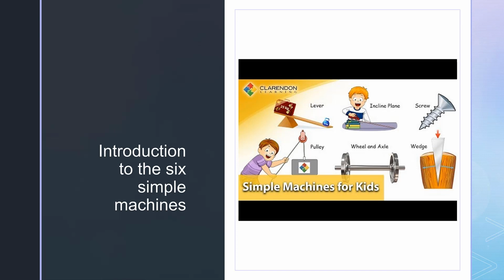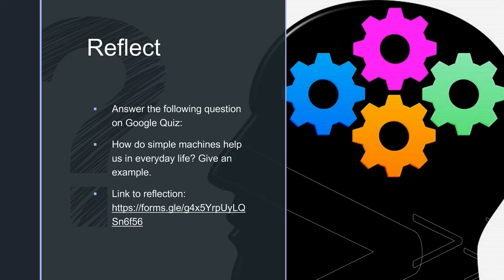I know we've talked about them in class, but now I have to teach you online, and I hope you're gaining that understanding of the simple machines. You're going to answer the following questions and some more inside the Google quiz. How do simple machines help us in everyday life? Give an example. I also have some more questions in there, so feel free to click that link and go to the Google form and fill it out.